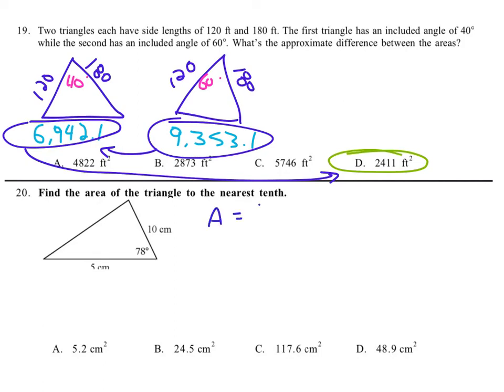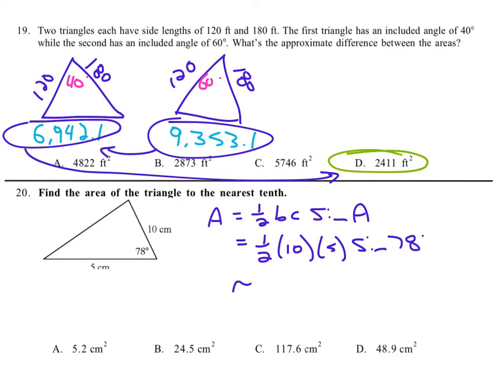Area equals 1/2 b times c times sine A, or 1/2 times 10 times 5 times sine of 78. And when we calculate that out, we get approximately 24.45.